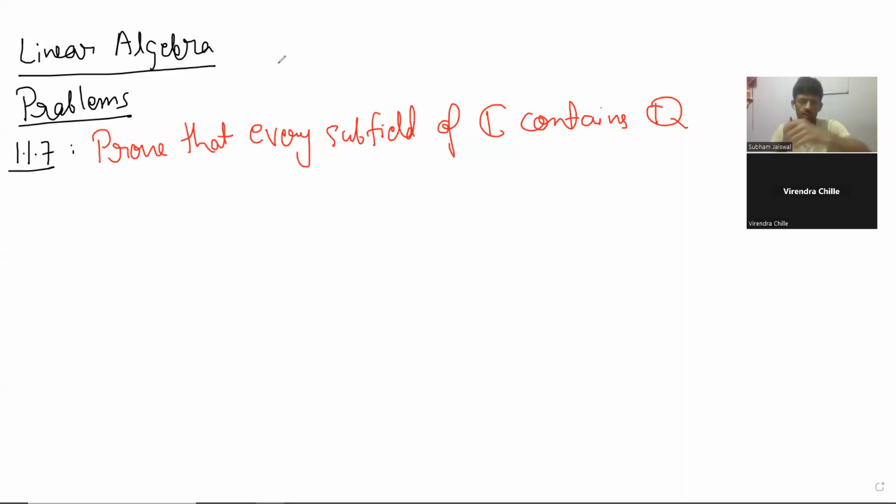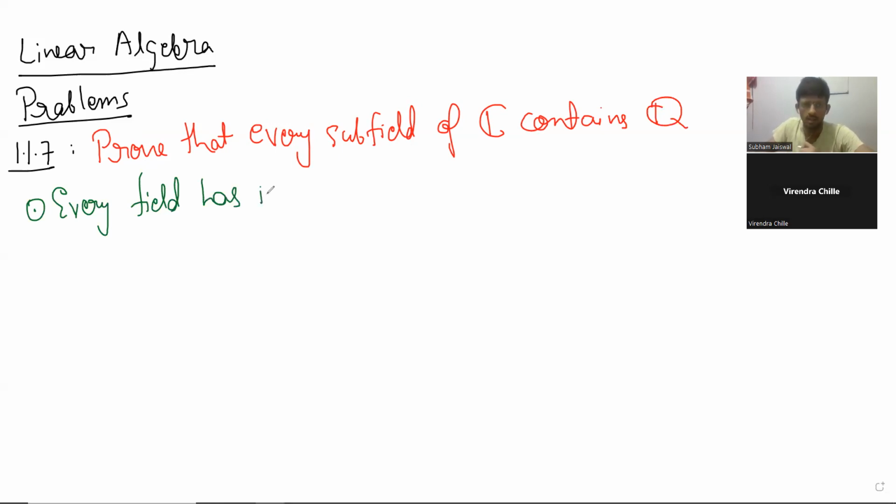Okay. No question. So you see, first thing is every field has the identity, right? Yes, sir. So that's the first thing that you should use. Maybe every field has multiplicative identity and additive identity, right?